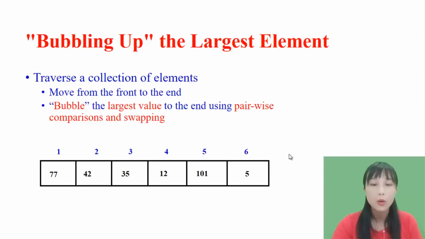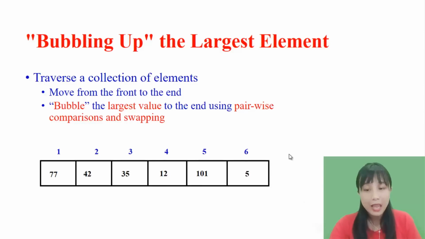The way it works is, let's say you have a list of numbers and you want to sort this list. You begin by comparing the first two numbers, 77 and 42. If 77 is greater than 42, I swap it.